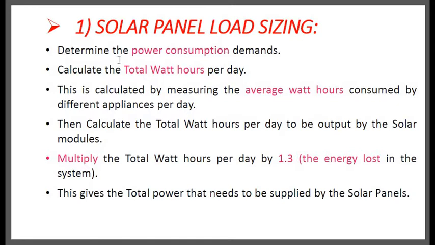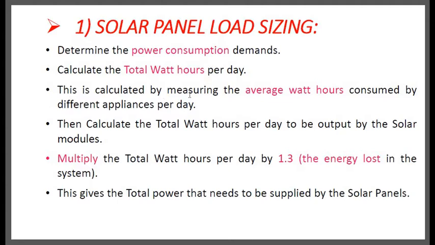First of all, determine the power consumption demand. Then calculate the total watt hour per day. So first of all, calculate the power consumption of the particular home or industry. Then calculate the total watt hour per day, meaning total units. You have to find it in the form of total watt hour or total kilowatt hour.